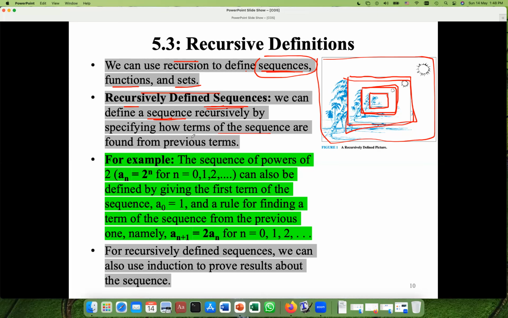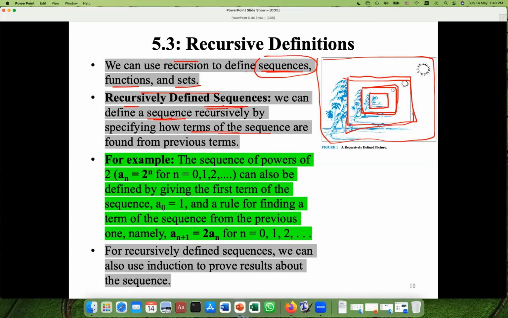The only thing you need is the first value of that sequence, and then you can use that recursive formula, and you can have any number, and then you can have the whole sequence by using that formula. So this is what is mentioned here.